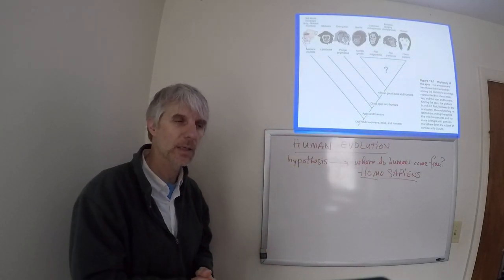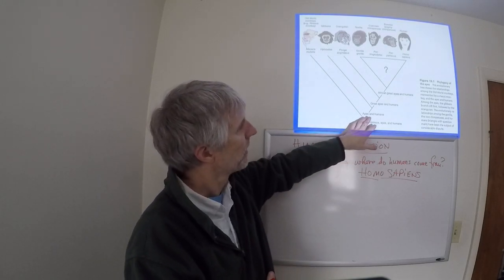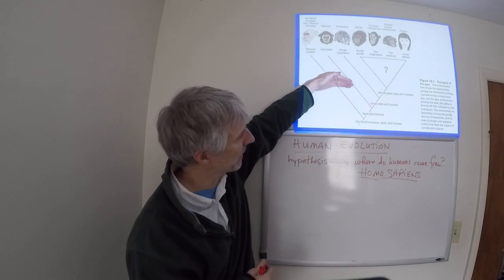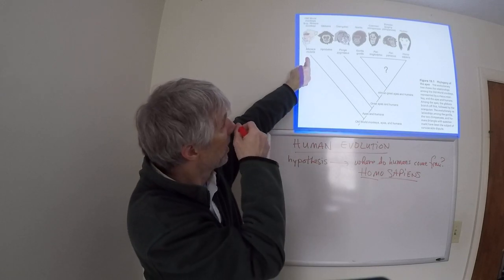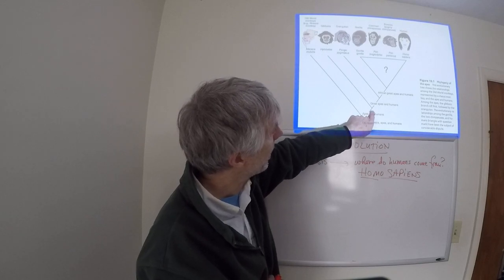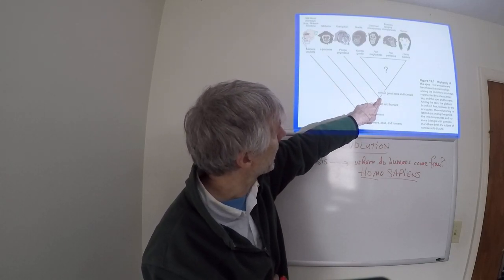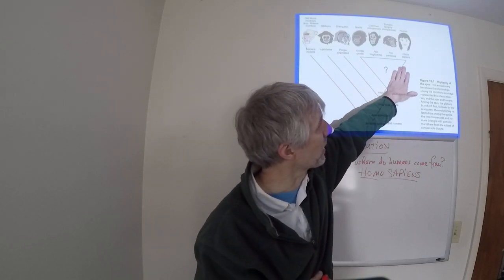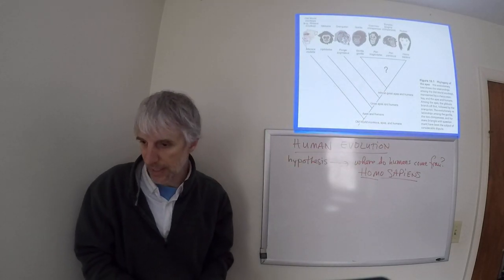So based on the phylogeny stuff that we've talked about before, more closely related is a more recent common ancestor. So humans have the most distant common ancestor with the old world monkeys, as they're called, and then another common ancestor with the apes, and then a common ancestor with the great apes, and then a common ancestor with the African great apes. So a more recent common ancestor is more closely related.